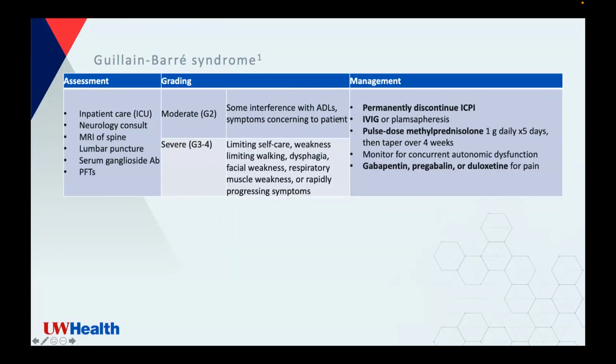And for management, we want to permanently discontinue the ICPI, IVIG or plasmapheresis right away, and then pulse dosing methylprednisolone 1 gram daily for 5 days, and then taper over 4 weeks. And then we can also give gabapentin, pregabalin, duloxetine for that neuropathic pain that may be associated with it.